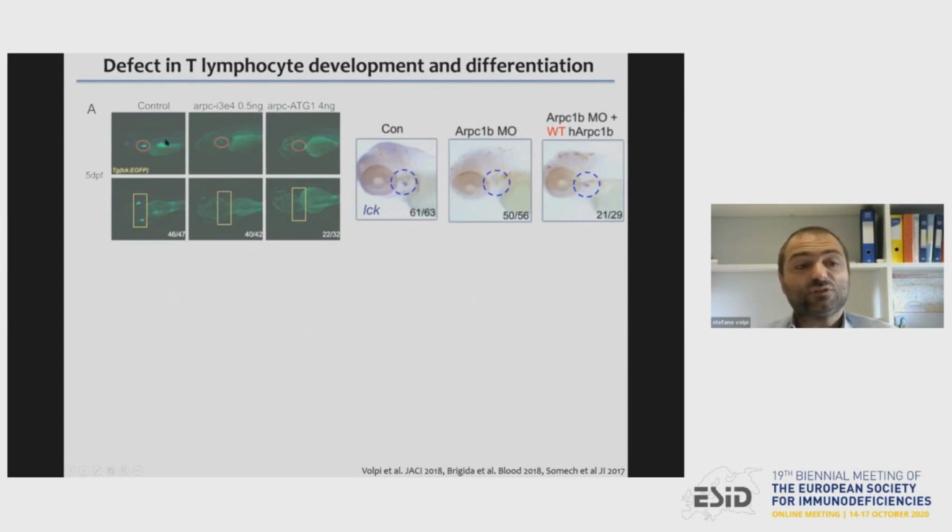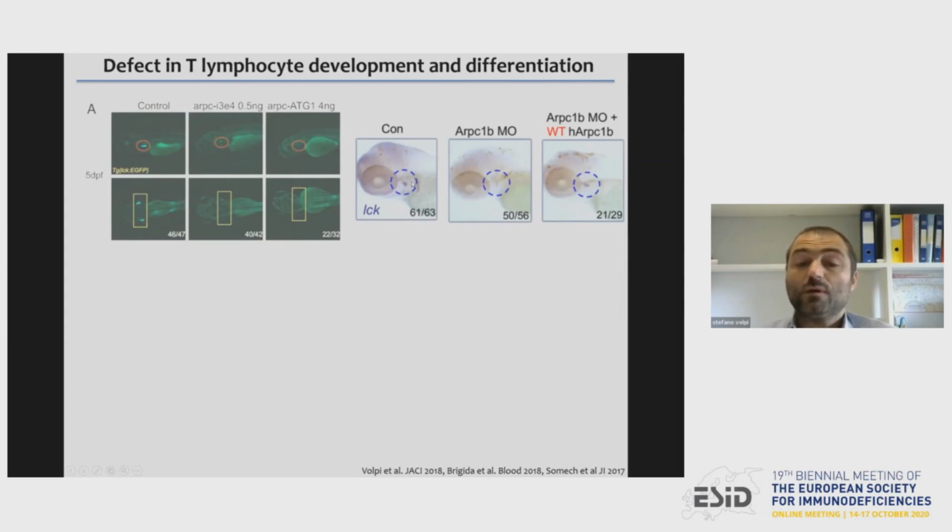This is a zebrafish model. This is the eye, and this is the swim bladder of the fish. Here you see LCK, or GFP, staining that is localized in the thymus. This is from above. The fish has two thymuses, and here you see that with RNA interference, when you decrease the expression of ARC1B or completely abrogate it, you no longer have any signal in the thymus, so the thymuses are not formed.